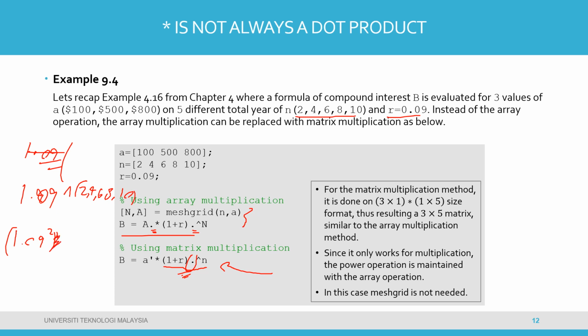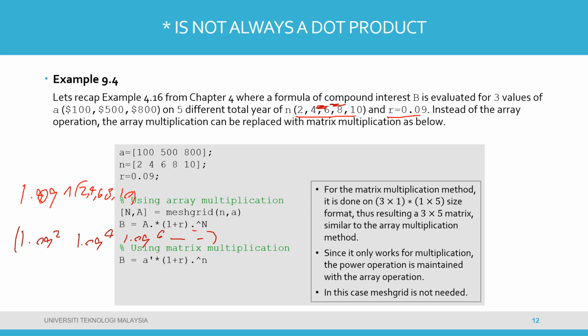A bit confusing right now. So you have 1.09 power of 2, and then you have 1.09 power of this one, 4, and 1.09 power of this one, 6, and so on.